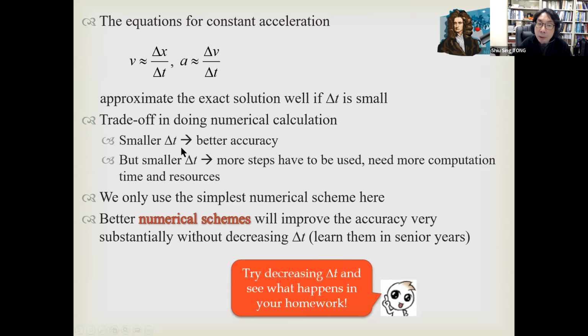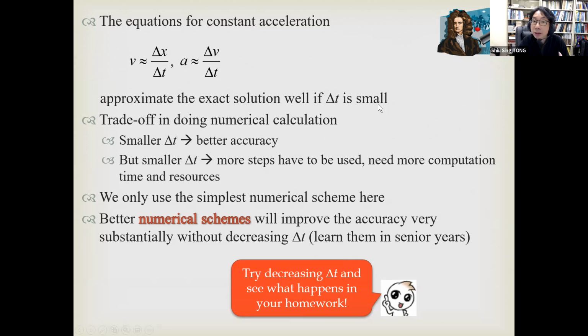But remember, if you use a smaller delta t, that implies you have to use more steps in your calculation. For example, if you calculate the motion for a time interval of just 1 second and divide it into 100 steps, then delta t is 0.01, right? And you have to do the calculation 100 times to solve the whole problem.